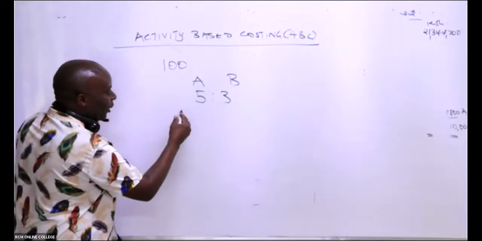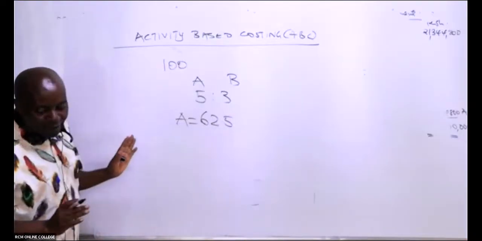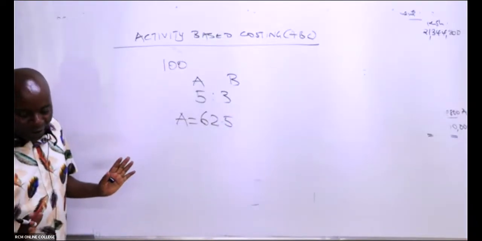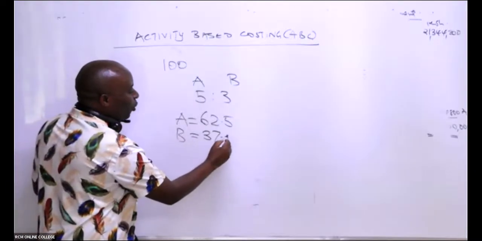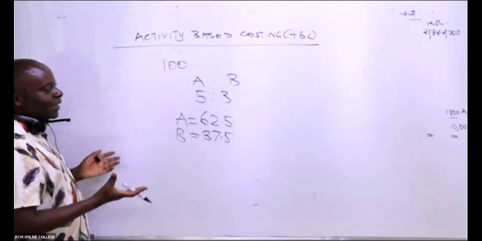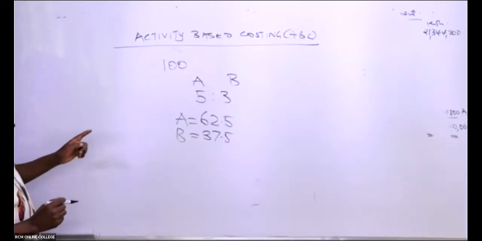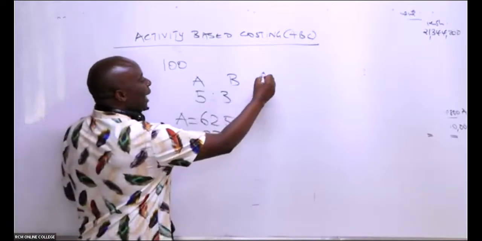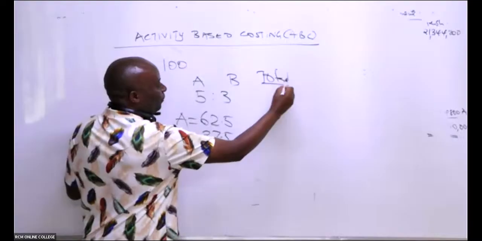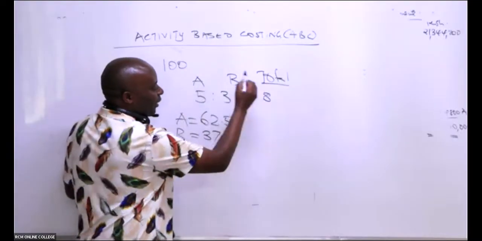A will get 62.5, I'm being told by a student here. And then B will get what? What did you do to get these correct answers? There are many methods you could use. Somebody may have gotten the total ratio, which is 5 plus 3, that gives us 8.